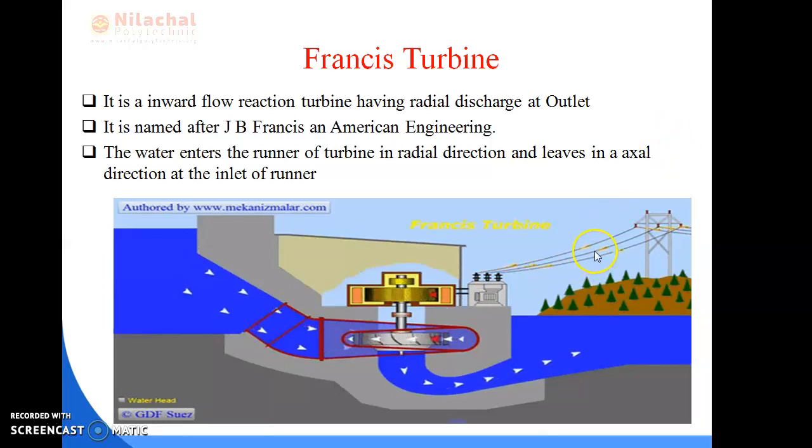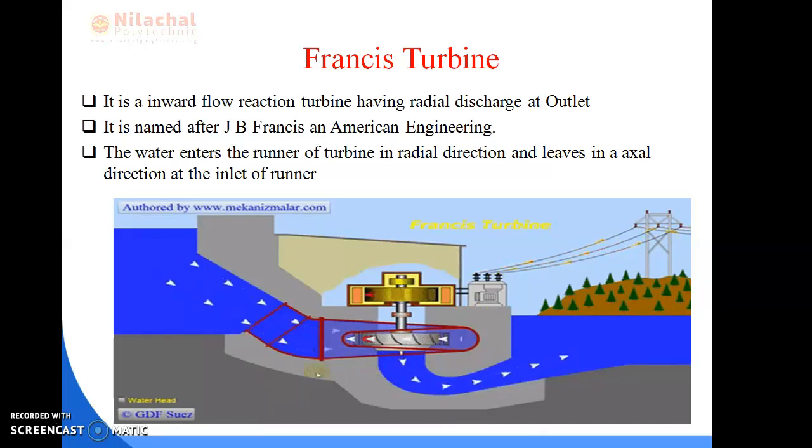These yellow markings show the flow of electric current. This is the dam, this is the penstock, this is the casing. In case of Francis turbine, the casing is a spiral one.